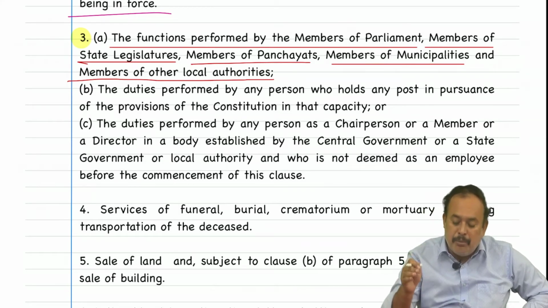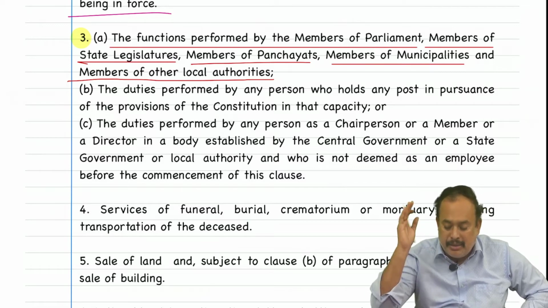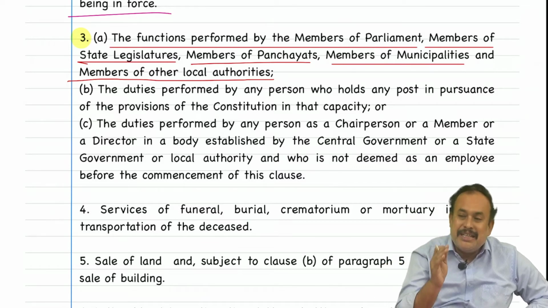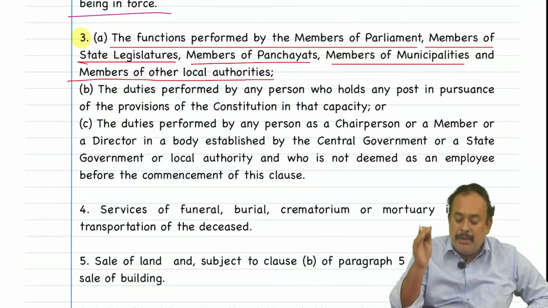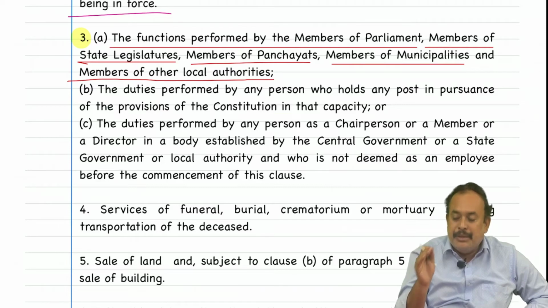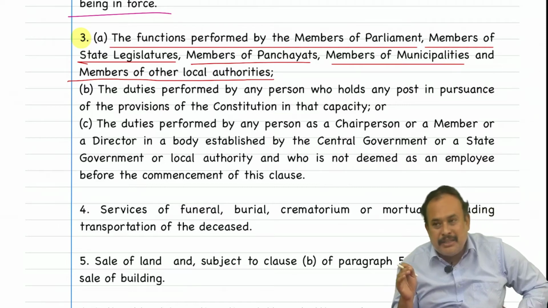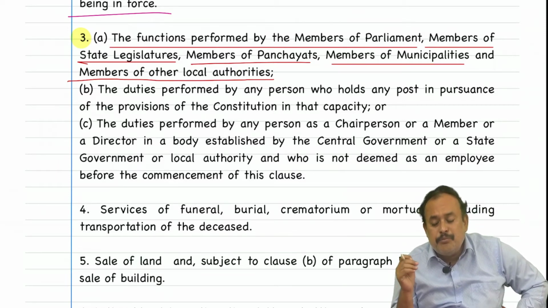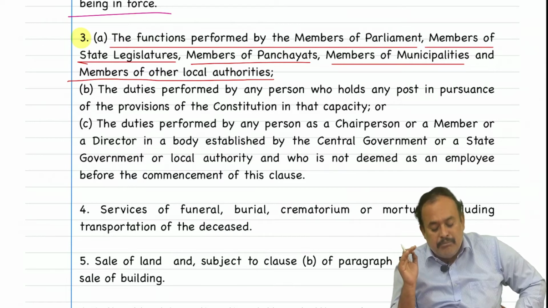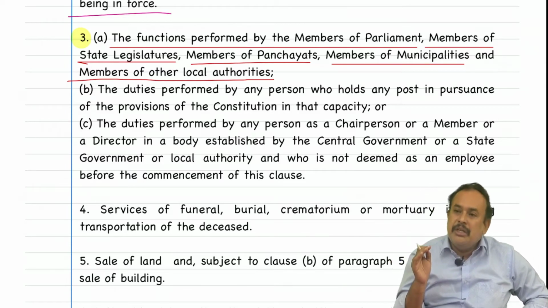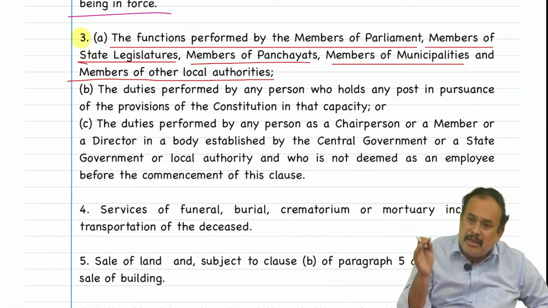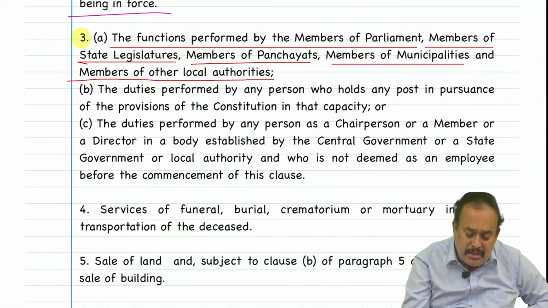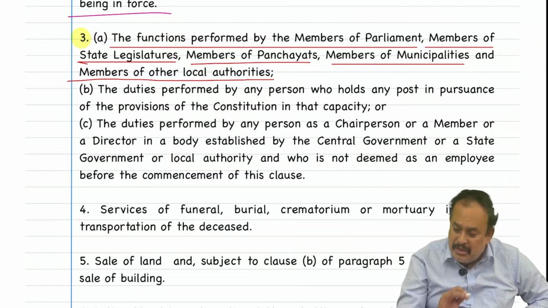These are MPs, MLAs, councillors of panchayats and municipalities. If they provide services in their capacity, it does not attract GST, it is not a supply.